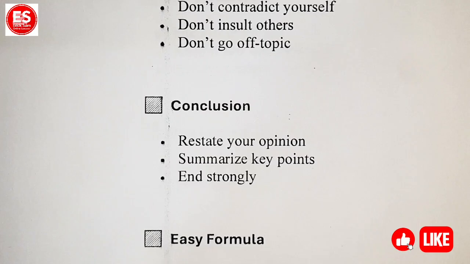It starts with an introduction, body paragraph 1, body paragraph 2, and body paragraph 3. It depends on the points you are dealing with. It can be as many paragraphs as needed. Then finally you have a conclusion. So that is the structure. And make sure you write the title.